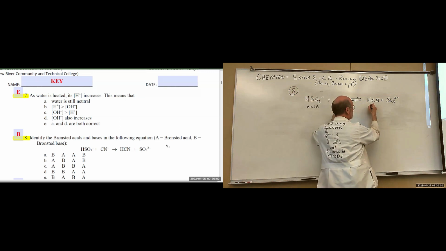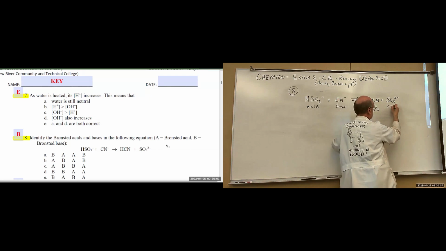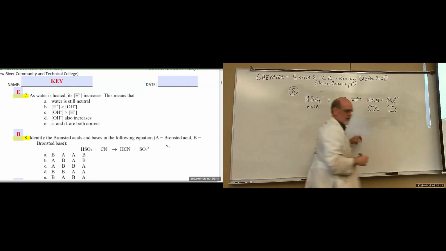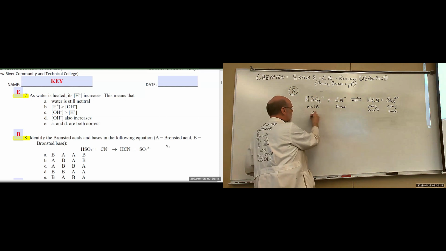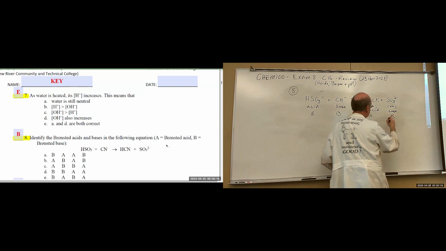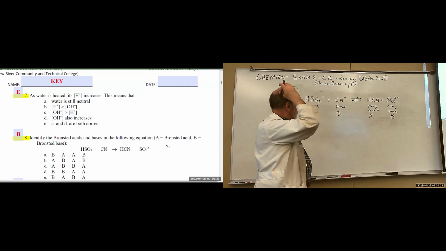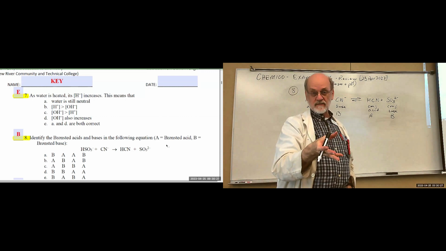This one can donate a proton. And this one can accept a proton. So in terms of our answers, this would be A, this would be B, this would be another A, and this would be B, as long as they're in the correct order. Yes, they're in the correct order. So AB, our answer would be B.